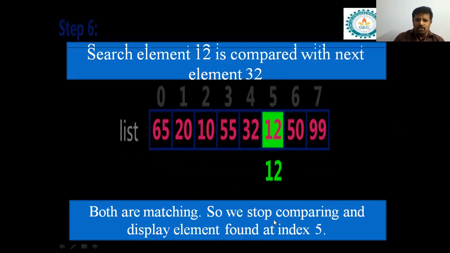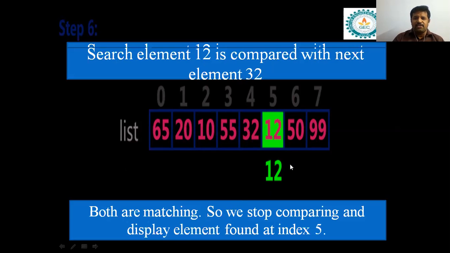Both are matching. So we stop comparing and display the message, element found at index 5. In this way, we can compare the search element with all the elements in the given list.